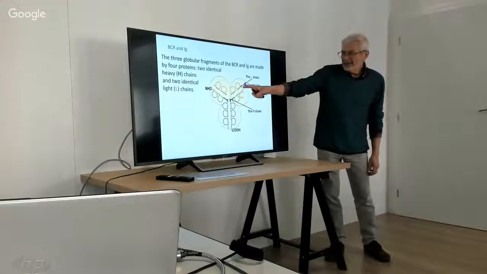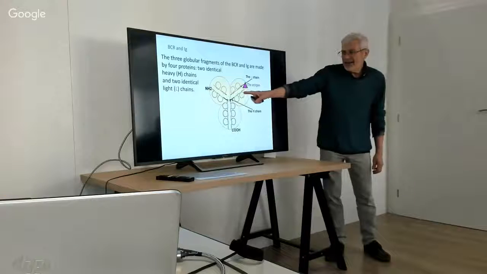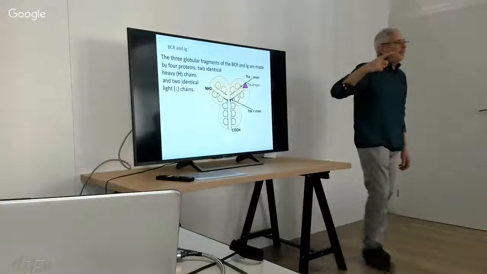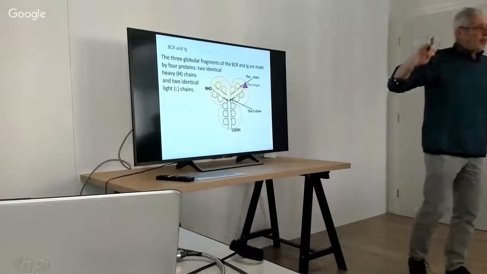The antigen interacts with the sequence of amino acids in this area, in the heavy chain and the light chain. This makes every B cell different from the other one.